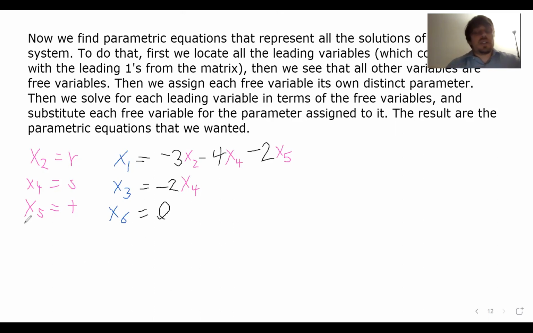The free variables we reassign parameters: s and t. You can see that here in the pink. And then the free variables, which are blue, we set equal to those expressions from earlier. Then we substitute each of those free variables for the corresponding parameters. And so you get x1 equals negative 3r minus 4s and minus 2t.